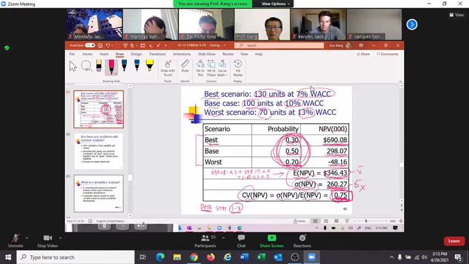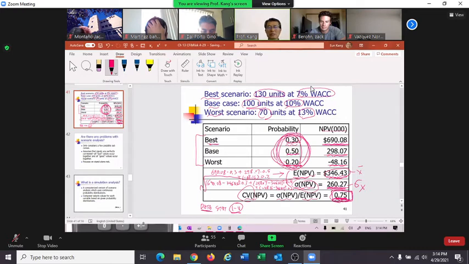Then standard deviation is what? That is 690.08 minus expected NPV, that is 346.43, squared, times 0.3, 30%, plus 298.07 minus 346.43 squared times 0.5 plus negative 46.16 minus 346.43 squared times 0.2, all square root.